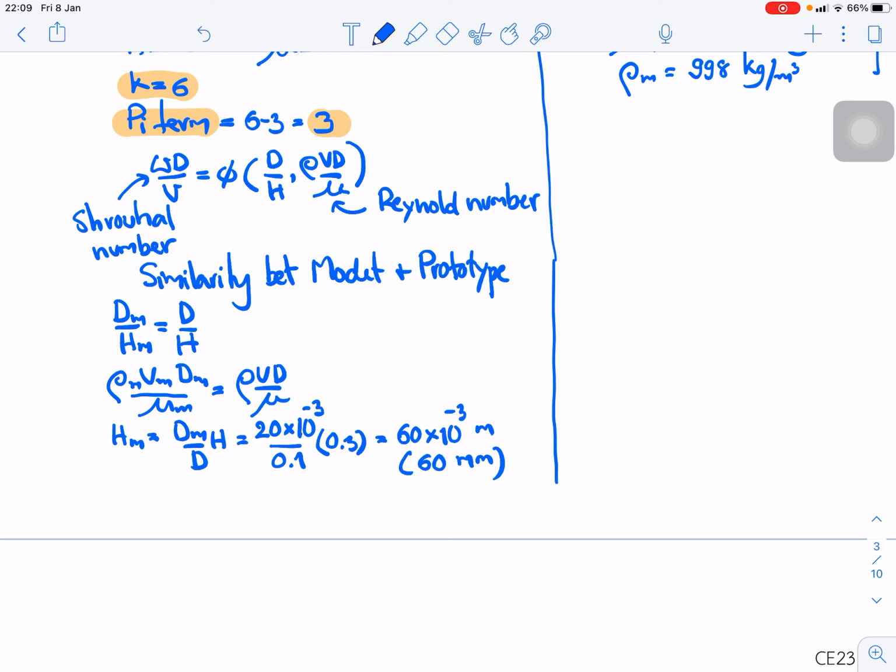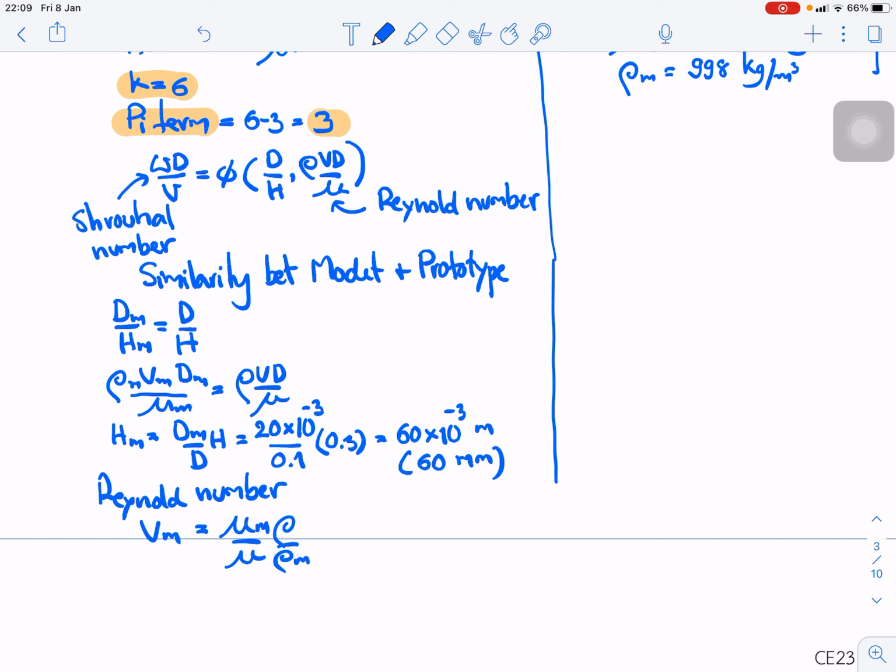Next we use the second dimensionless parameter, which is the Reynolds number. So we can find the velocity of the model from the ratio of the viscosity, the ratio of the density, and the ratio of the length and V. And then next we have to find the viscosity and density of the model and prototype.